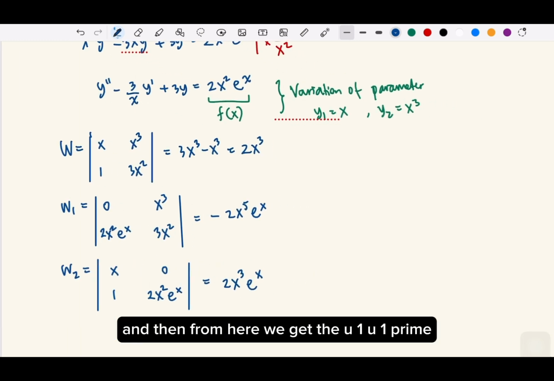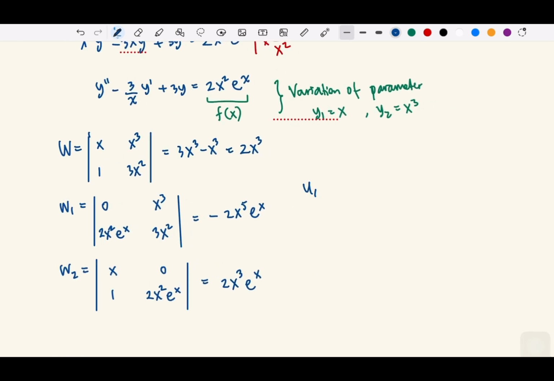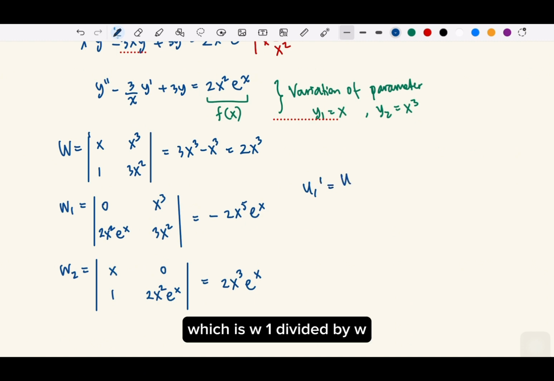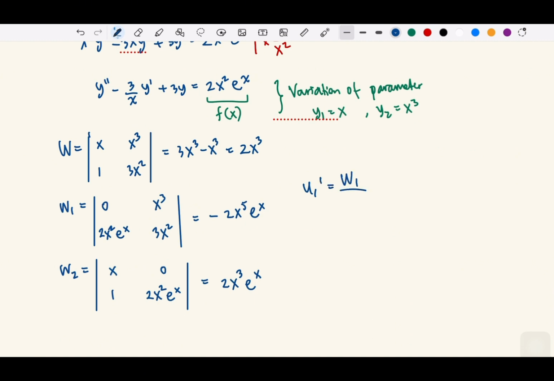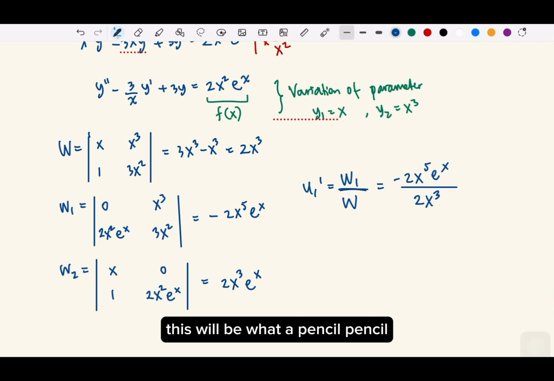And then from here we get u1 prime, which is W1 divided by W. This will be what? Cancel. Negative x squared e to the x.